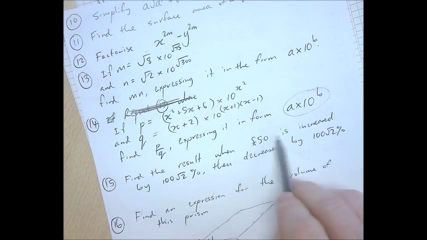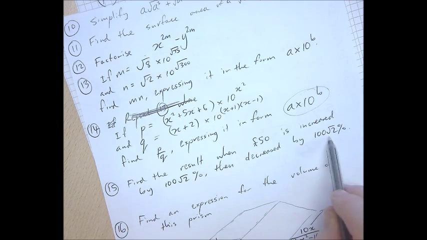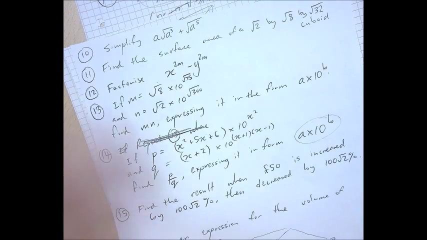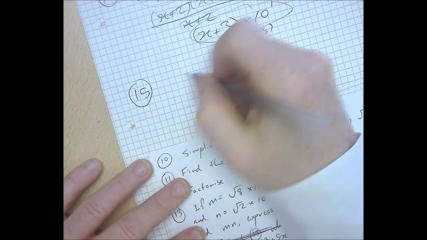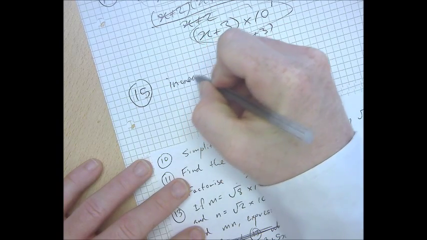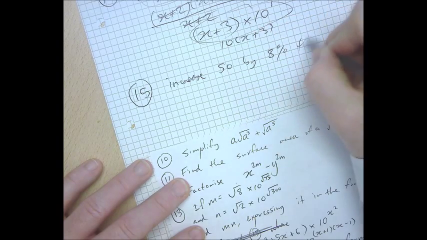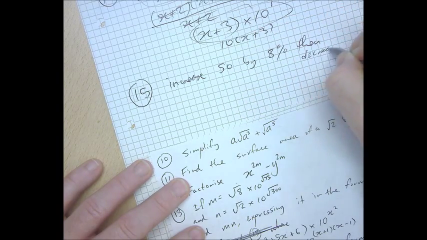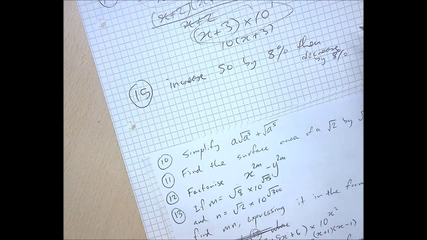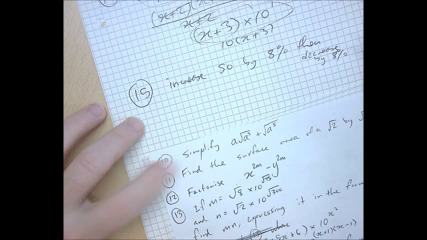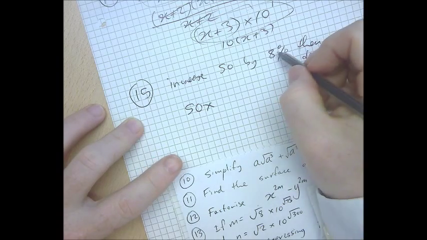Find the result when 50 pounds is increased by 100 root 2%, then decreased by 100 root 2%. Okay, so simple problem: increase 50 pounds by 8%, then decrease by 8%. Now, what do I do with these? Well, the fastest way is to use a decimal multiplier. You go 50 times 1.08, but how do I get the 1.08?